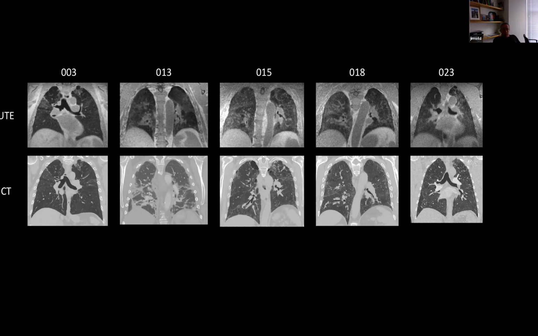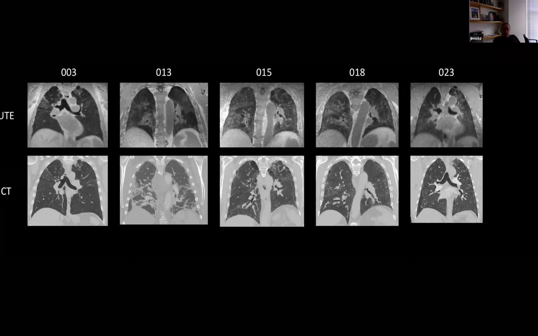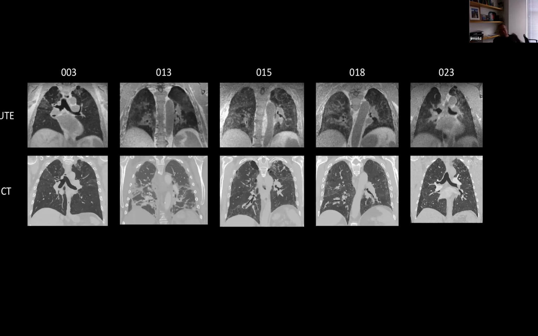The UTE and the CT together are marrying up quite nicely. The nice thing about the UTE images is they've got slightly different contrast to CT, so they're weighted a bit more by water content. So we have the ability to delineate possibly better between fibrosed lung and ground glass changes, for instance, with the UTE images.